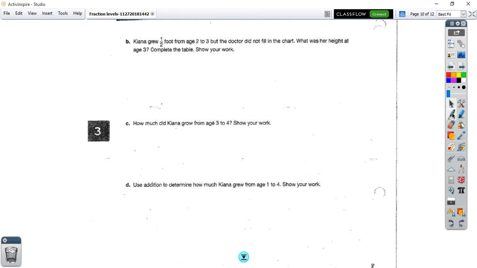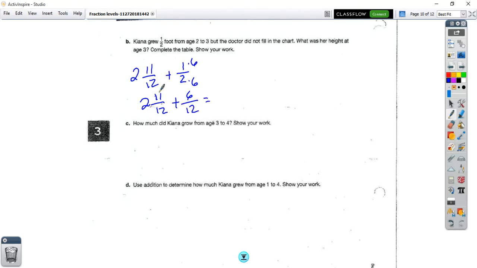I have 2 and 11/12 plus half of a foot. Well, if I do this, we already know that 2 goes into 12 6 times. We did that last time, so this is times 6, times 6. And this is 2 and 11/12 plus 1 times 6 is 6, and this is over 12.